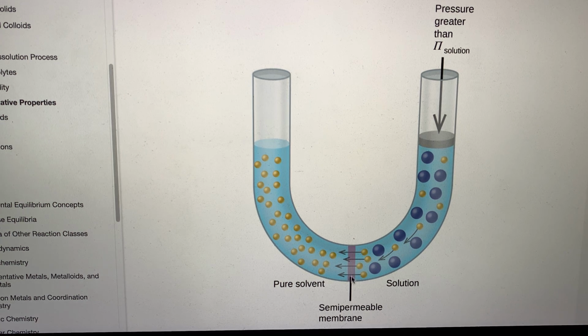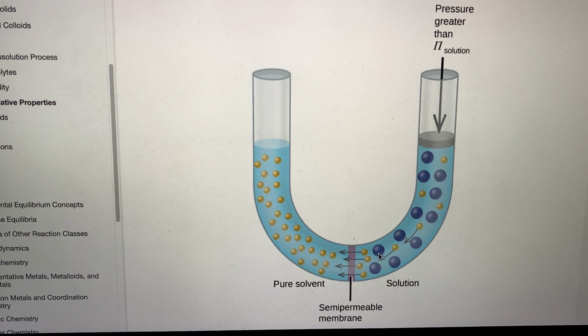But anyway, if you have a divider like that, and on one side you have a solution with solutes, so you don't have that many solvent molecules, and on the other side you have pure solvent, then naturally it will push the solvent to the right side.